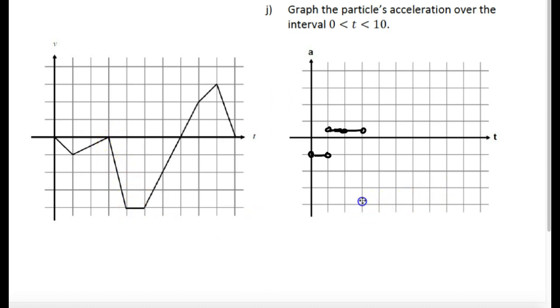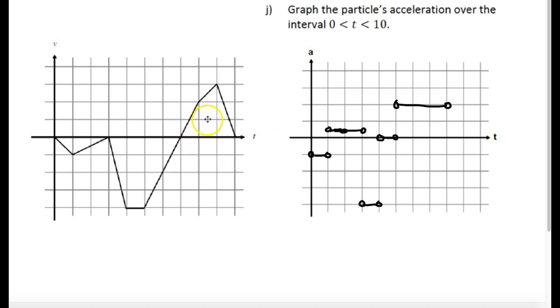So I'm all the way down here. Then here, from 4 to 5, my slope is 0. So I will be right here. From 5 all the way up to 8, I have the same slope here. From 5 to 8, that's a slope of 2. So I'll come up here to 2.